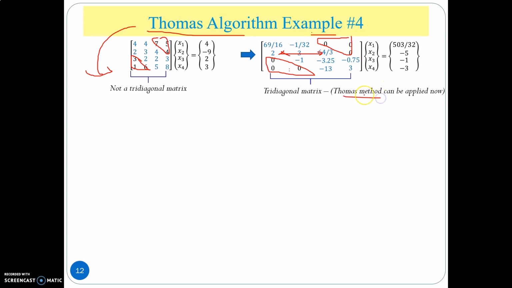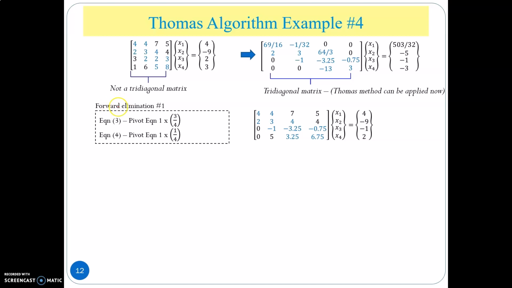Then you can apply the Thomas method on this tridiagonal matrix in order to solve for the unknown x. Keep in mind that the Thomas method cannot be applied on a matrix which is not tridiagonal. You can perform the forward elimination to convert the matrix from non-tridiagonal into a tridiagonal matrix.